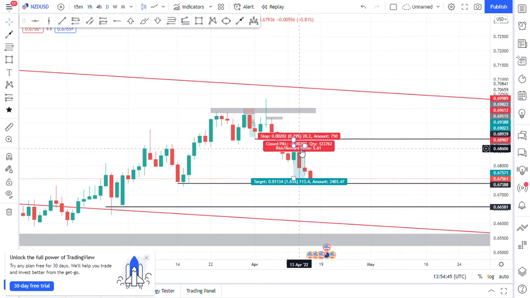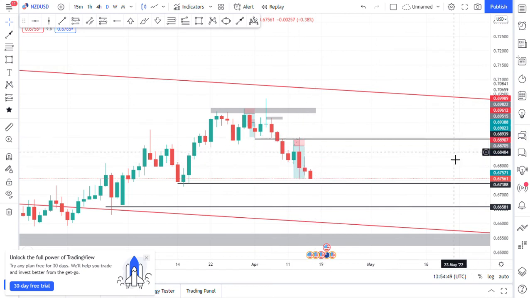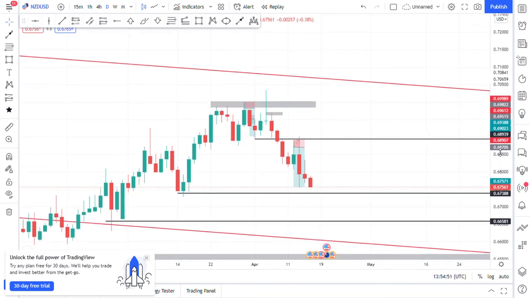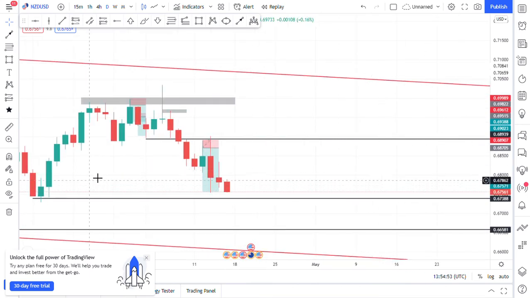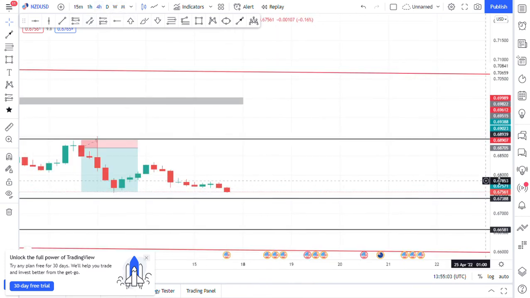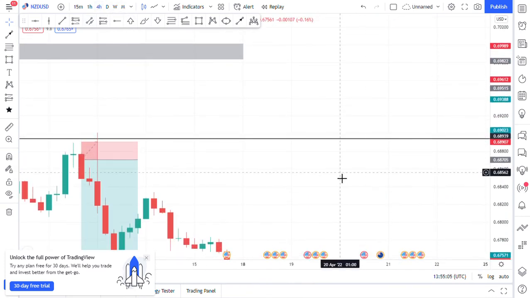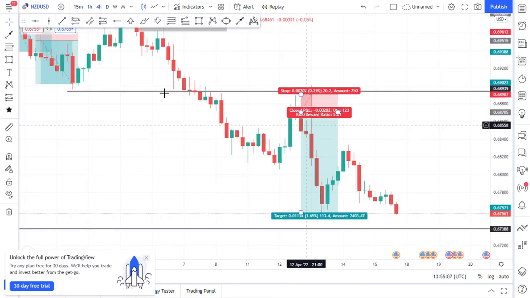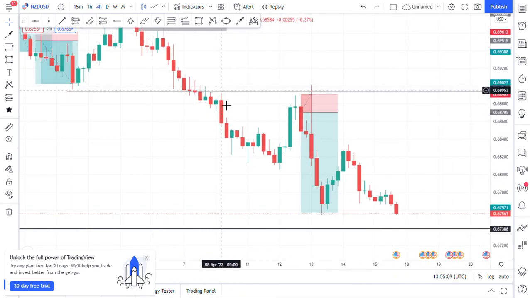Why? Because I did set my entry, then I wasn't watching it. That time I think I was a bit busy, so I wasn't looking at it. This is it here, exactly what happened. And then from the daily I go down to the lower time frame. Yeah, on the lower time frame, I did see this reversal candlestick here.